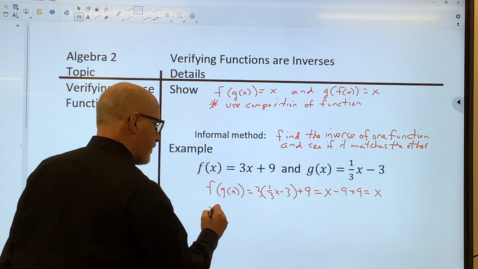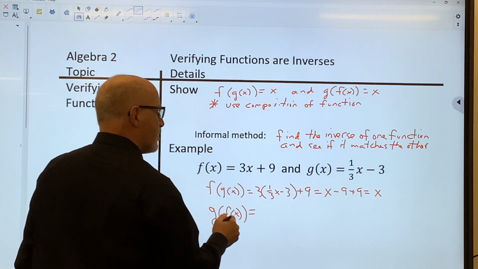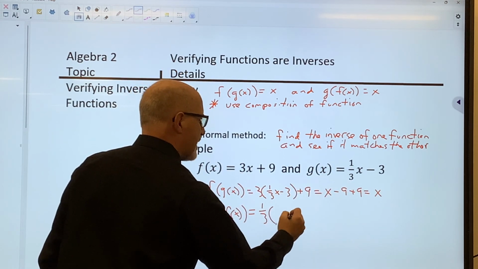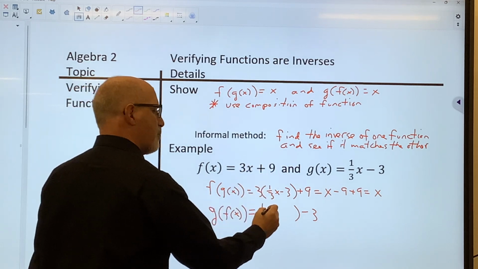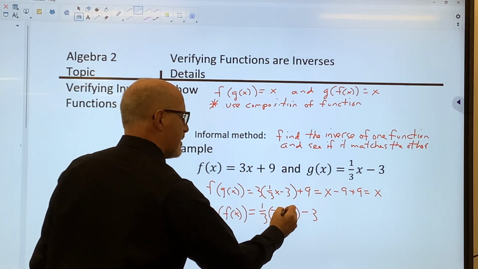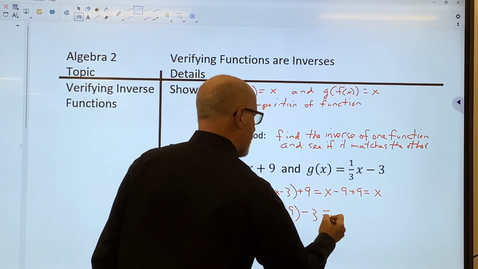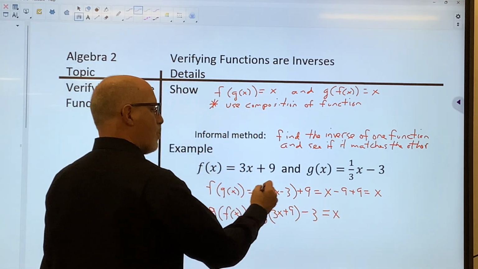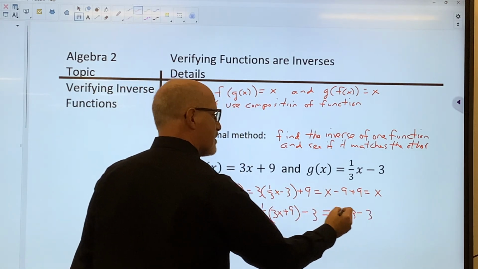Now you do have to do it for the other, so we're going to do g of f of x. So this means we go to the g function this time, and where there's an x, we put a parentheses, and in that parentheses we're going to put the other function, so the second one, the inside one, and we multiply that through. 1/3 times 3x is just 1x, 1/3 times 9 is 3, and then we have our -3 here.